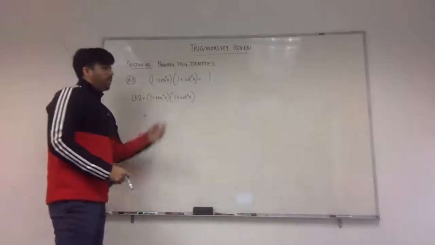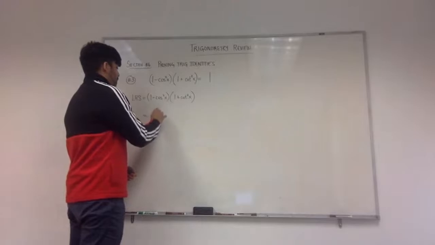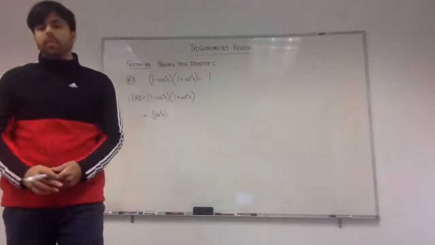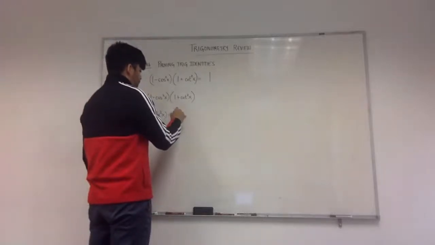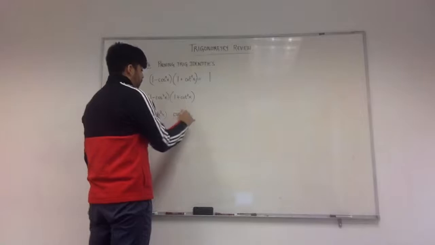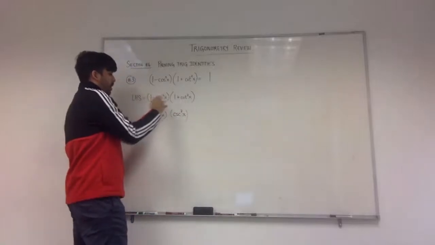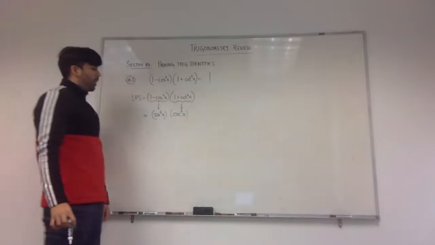I've seen that 1 minus cosine squared x can be rewritten as sine squared x. And I've seen that 1 plus cotangent squared x is also cosecant squared x, right? So this first expression becomes sine squared x, and this second expression becomes cosecant squared x.